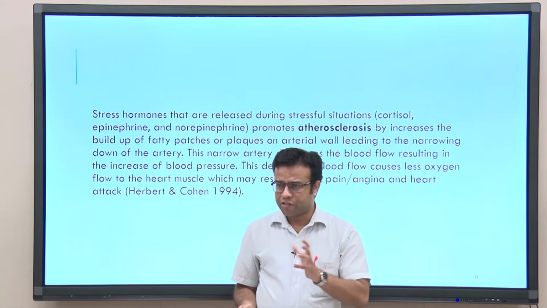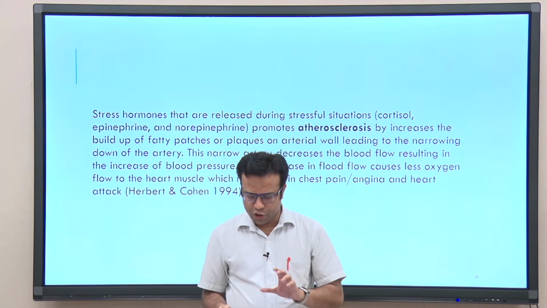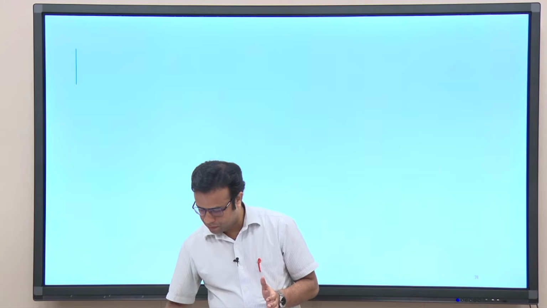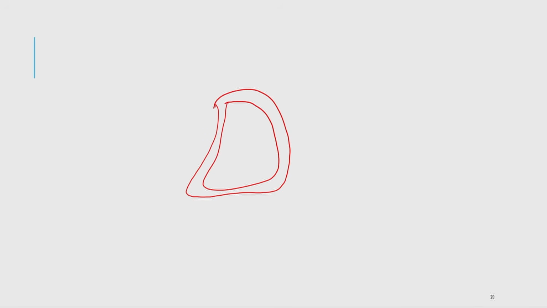Arterial wall and how this buildup can be, I will just show you how this is basically. So, for example, let us say this is a cross section of the artery, and this is kind of the cross section of that arterial wall.